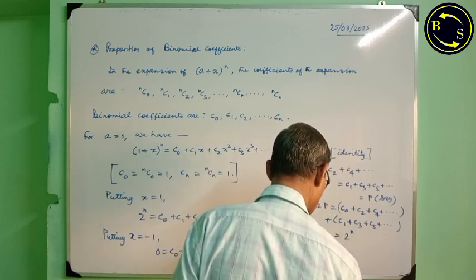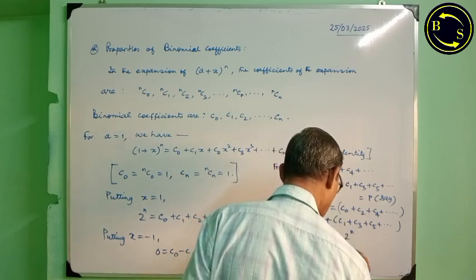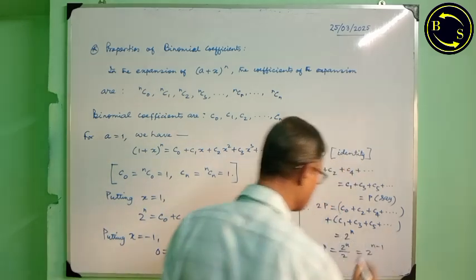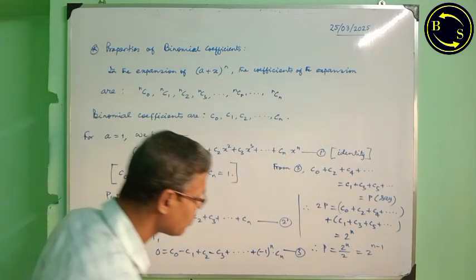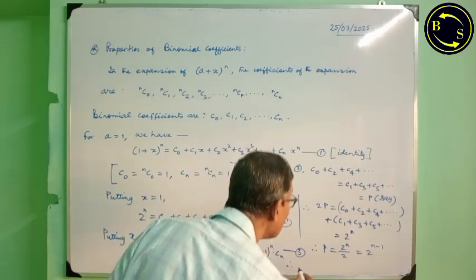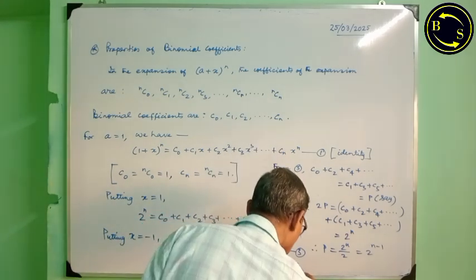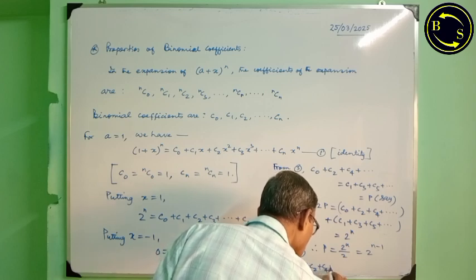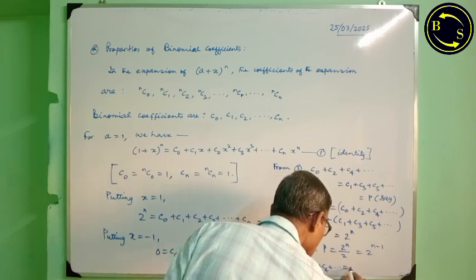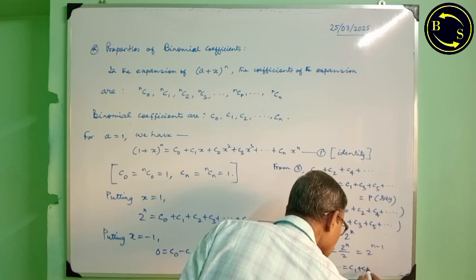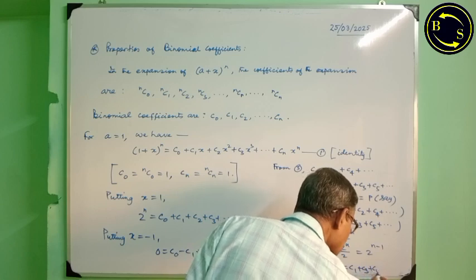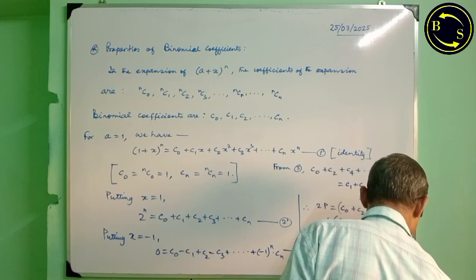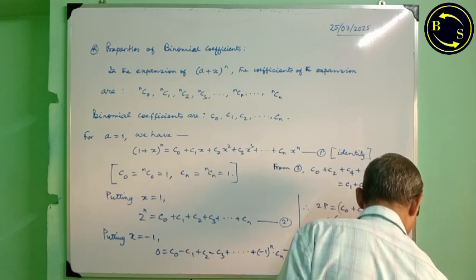Therefore, p equal to 2 to the power n by 2, that is 2 to the power n minus 1. Therefore, C0 plus C2 plus C4 is equal to C1 plus C3 plus C5, that is equal to 2 to the power n minus 1.